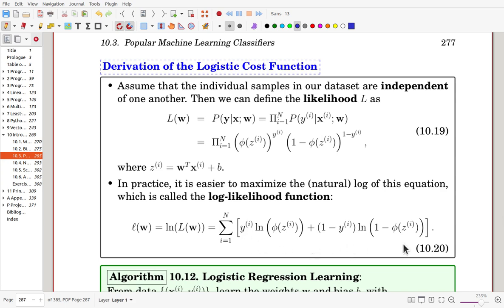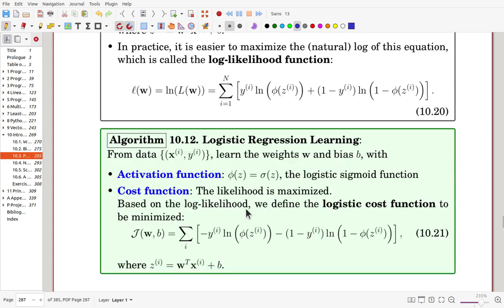Now, rather than the maximum of this logarithm, we try to minimize the negative log likelihood, which is exactly the objective function of logistic regression. Here we are using the logistic sigmoid function for activation. Okay, now we have to minimize this objective function.